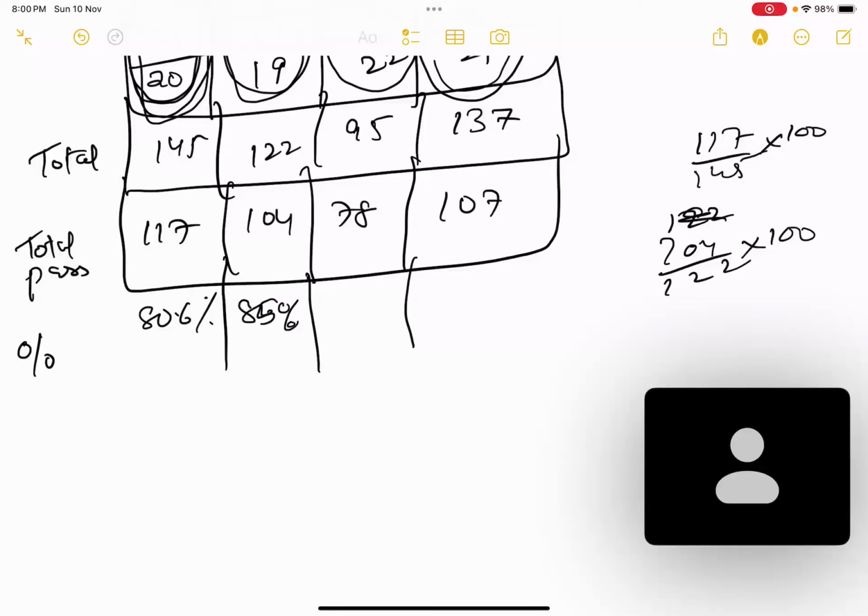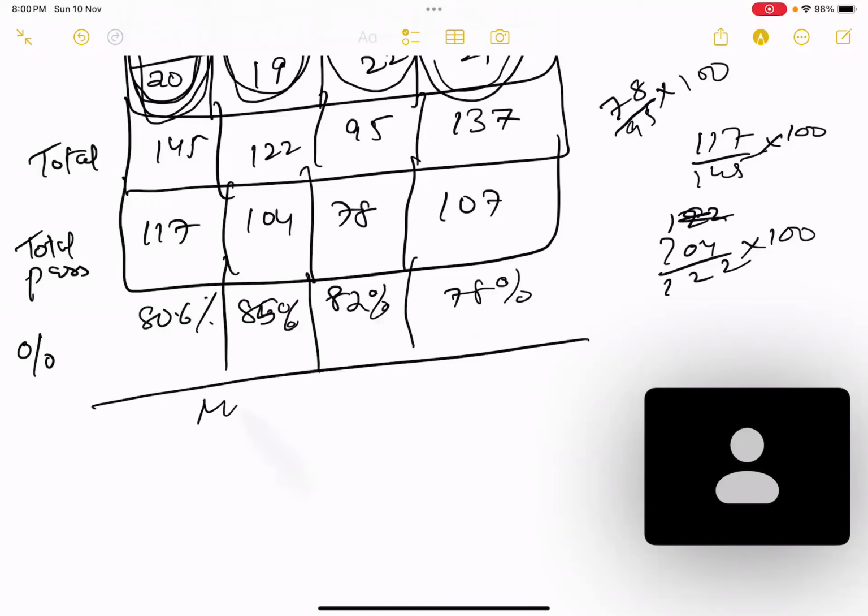Third, we get 95 into 100% is 82%. And finally is 78%. So the maximum pass percentage is 85%, which corresponds to section B.